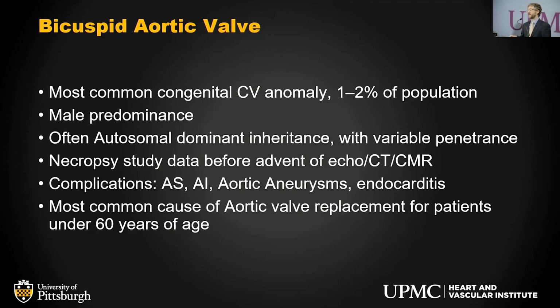The classic model for aortic stenosis was probably the bicuspid phenotype, which you'll think about from our standard Braunwald diagram from probably 50 years ago, which was really in patients under the age of 60 who had severe aortic stenosis. And so this is really the standard reason for patients under 60 to need a valve replacement.